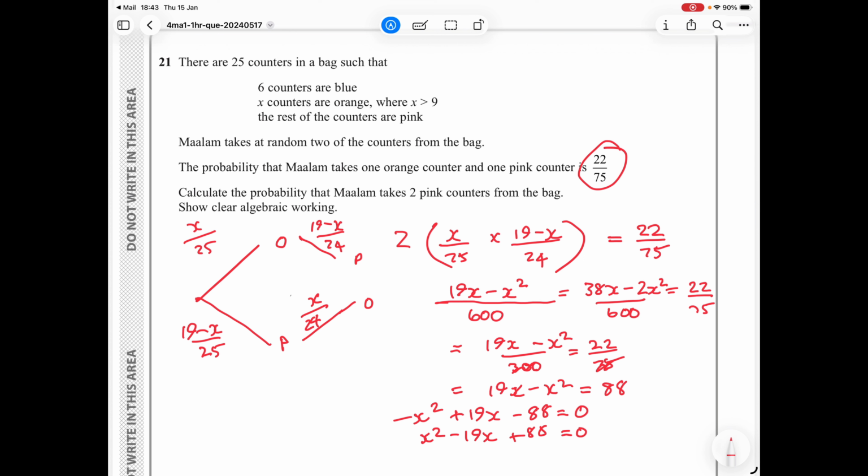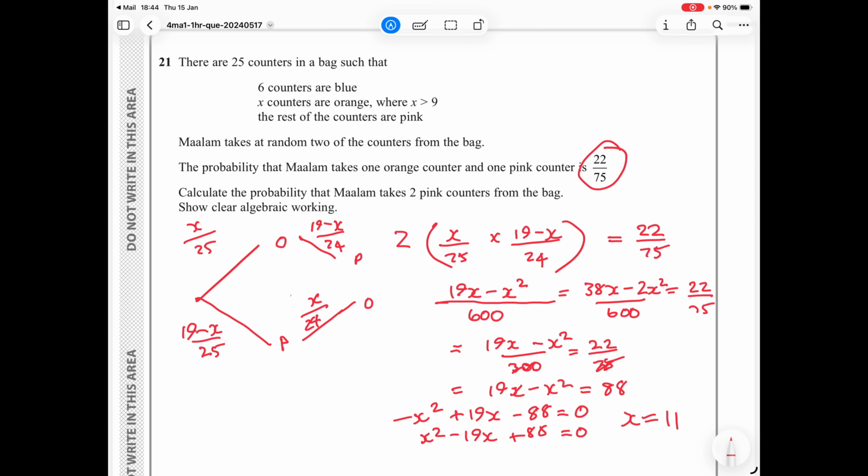I'm assuming it's something like 8 and 11, so let's try 11. So x squared minus 19x plus 88 equals 0, so x equals 11.